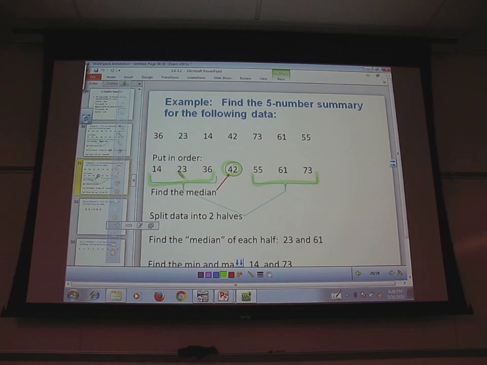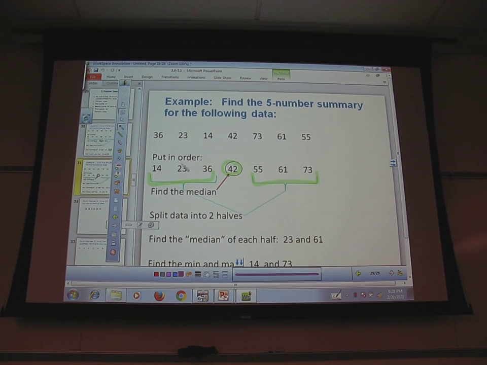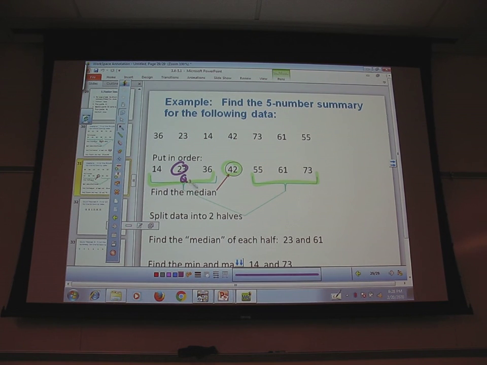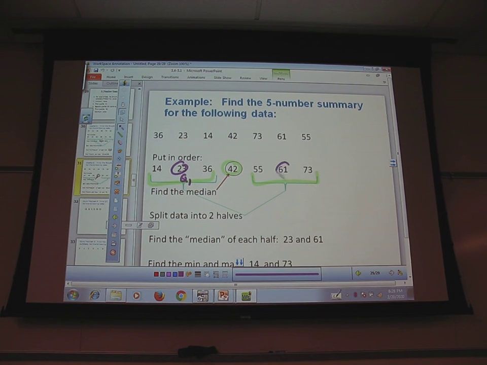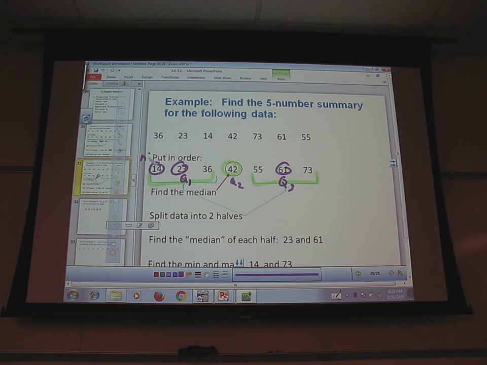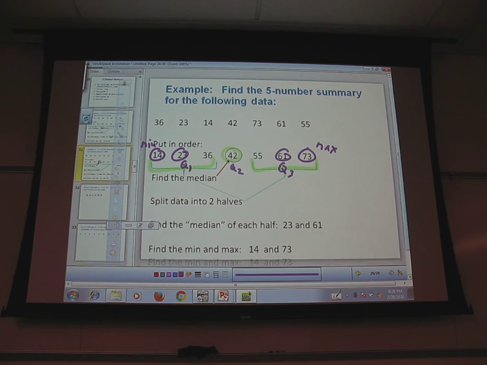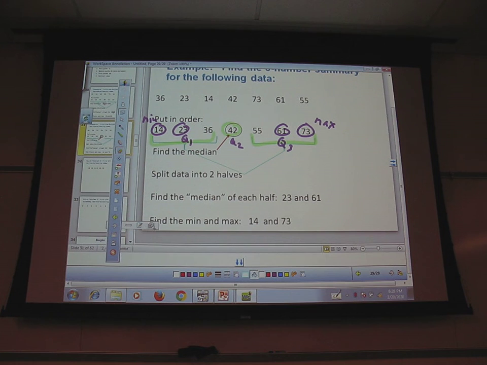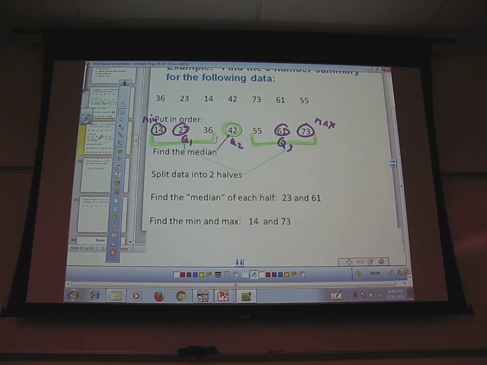It's an odd number, so there's just one guy in the middle. That's my Q1. Upper half, one guy in the middle, so that's my Q3. Here's my Q2, and then I have my min and my max. So this one's a little more straightforward, a lot easier in a lot of ways, no dividing. So here I have 14, 23, 42, 61, 93.